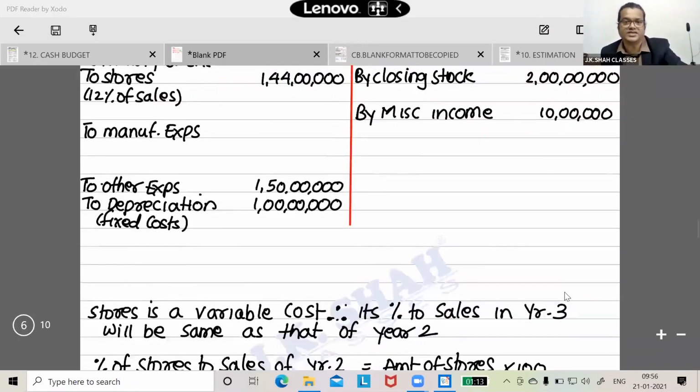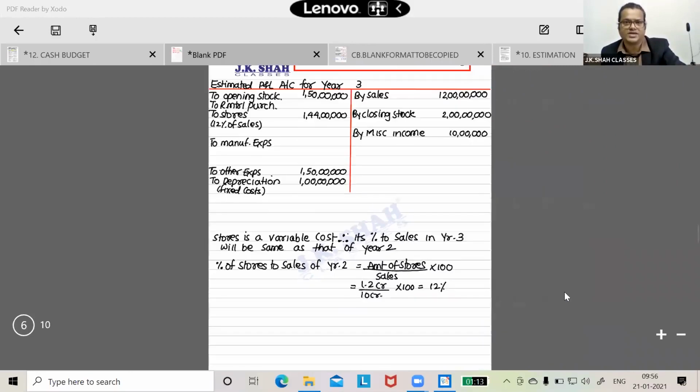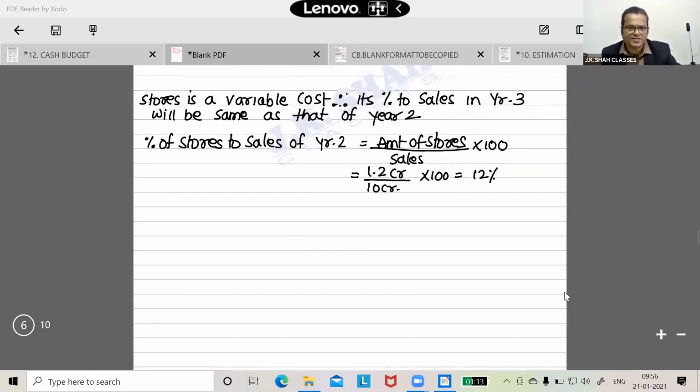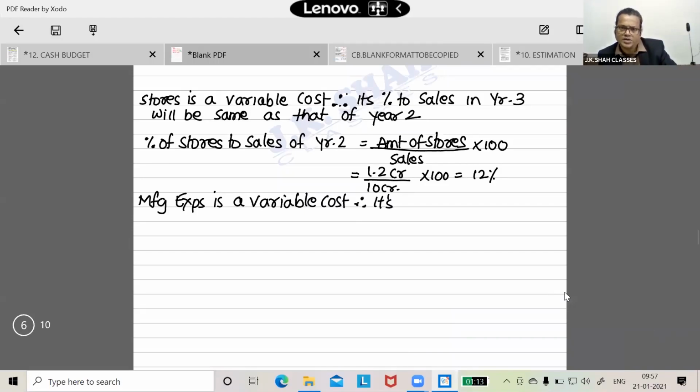Continuing further, same thing we can say about manufacturing expenses. Absolutely same working. Manufacturing expenses is a variable cost. Therefore, its percentage to sales in year 3 will be same as that of year 2.